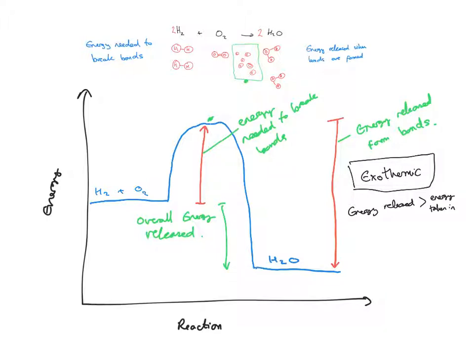You can clearly see this because the energy released here is clearly greater than the energy taken in, which is why overall you've got more energy released. So this amount here is the exothermic change.